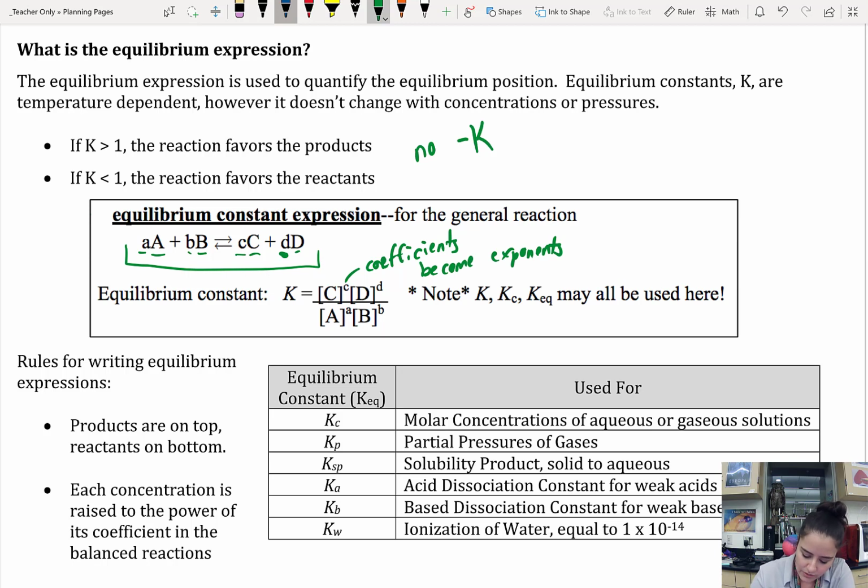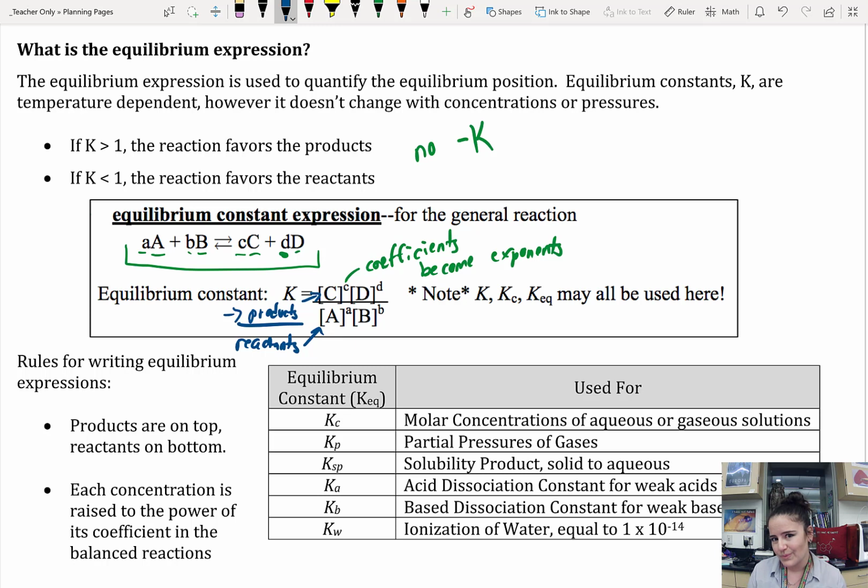And in general, we have the products over the reactants. So with it being a ratio, hopefully you guys can see that if K is greater than 1, the number on top, the products, are bigger, whereas if K is less than 1, it favors the reactants.